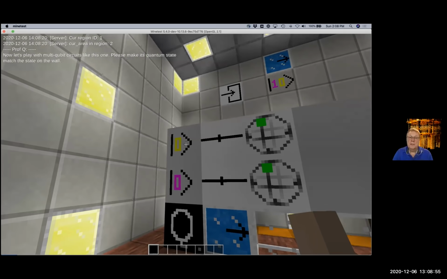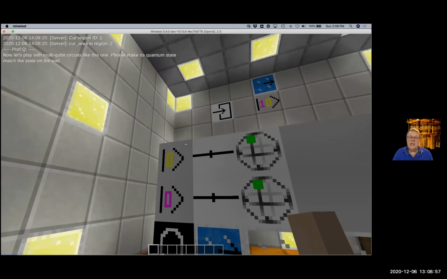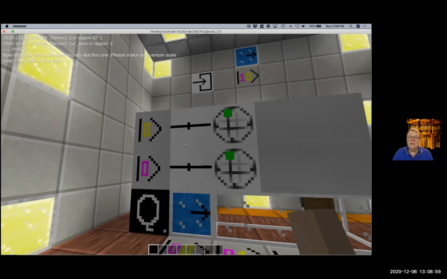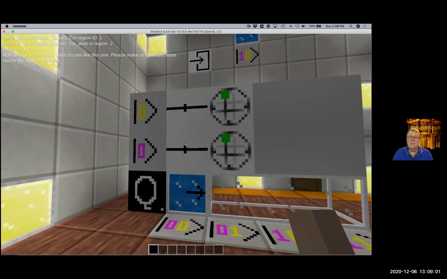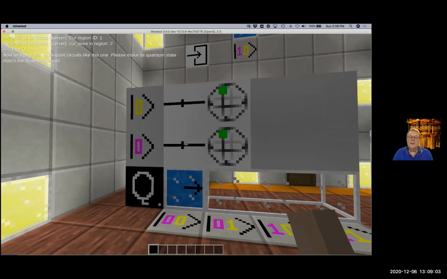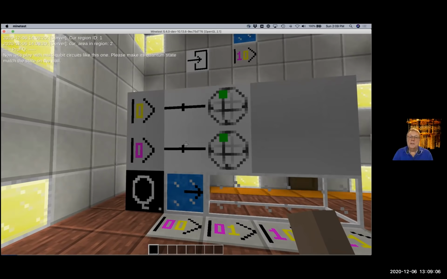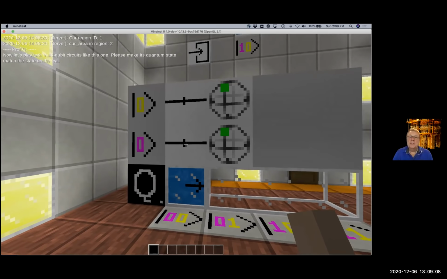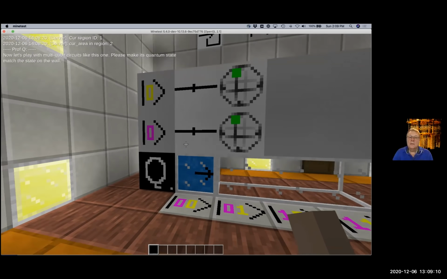It's color coded. So if I wanted the state to be 1, 0, then I would need to put an X block on this wire, and that would turn the magenta 0 into a 1.